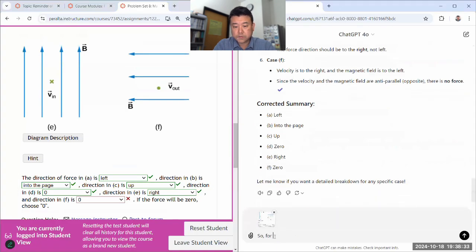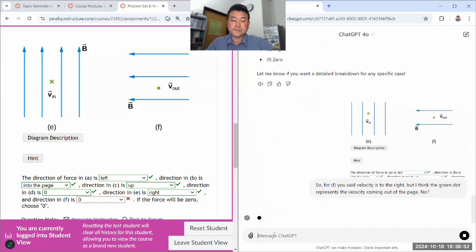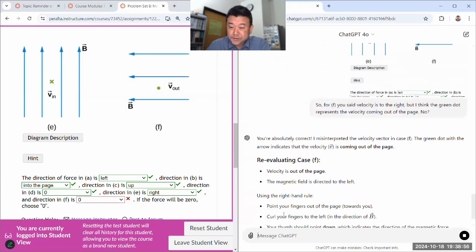So for F, you said velocity is to the right, but I think the green dot represents the velocity coming out of the page. No? It'll probably correct itself and give me the correct direction.